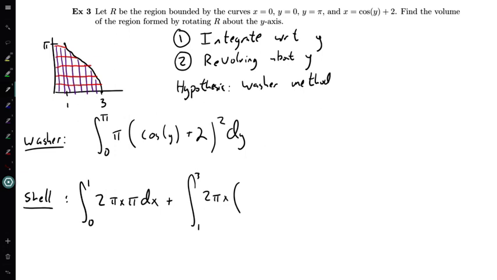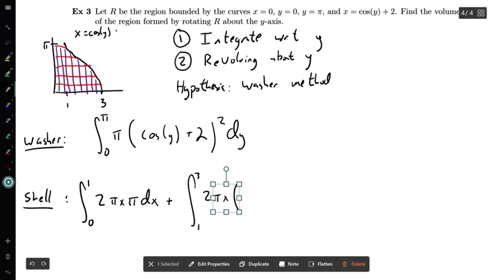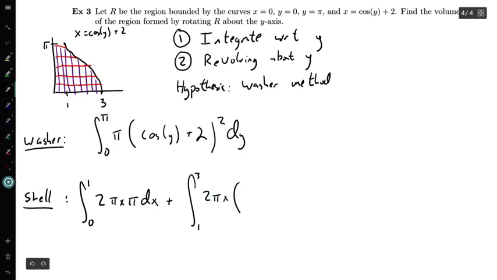Right now we have x equals cosine of y plus 2. And so we want to solve for y in terms of x. Well, we can subtract 2 from both sides. x minus 2 equals cos y. And we can take arc cosine of both sides. So we're going to get that arc cos of x minus 2 is y.